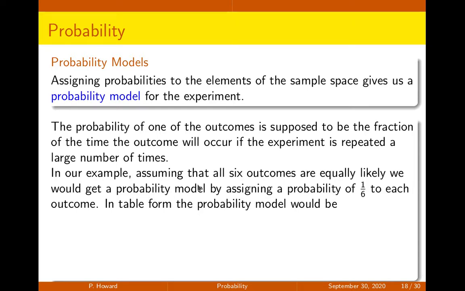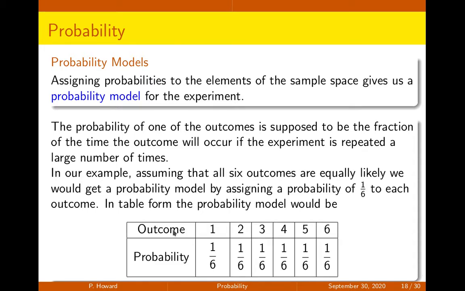We could express that probability model as a table like this. We list the 6 outcomes in the top row, 1, 2, 3, 4, 5, and 6, and we list the probability of each outcome below the outcome. So in this particular probability model, each outcome has probability 1/6.